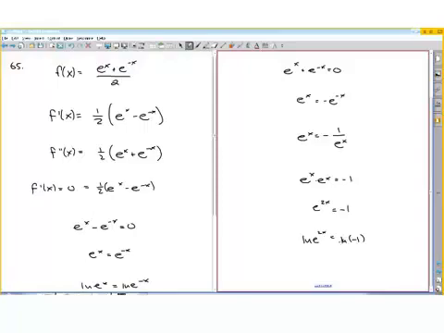So that would indicate that there are no values of x where the second derivative equals 0. Let's see if that's true or not. We'll keep going, assuming there are no points of inflection.